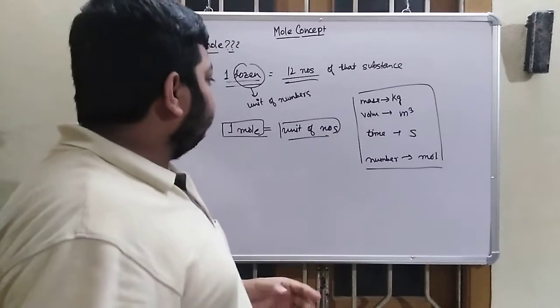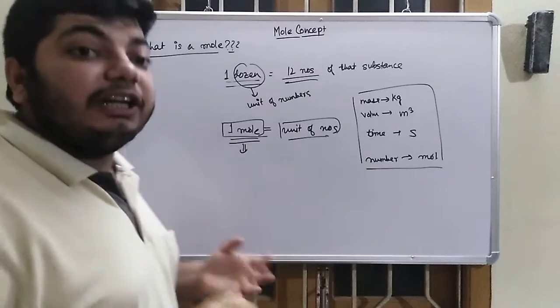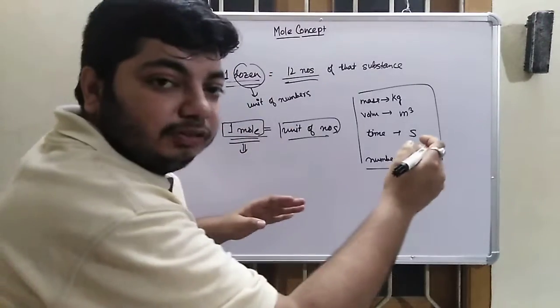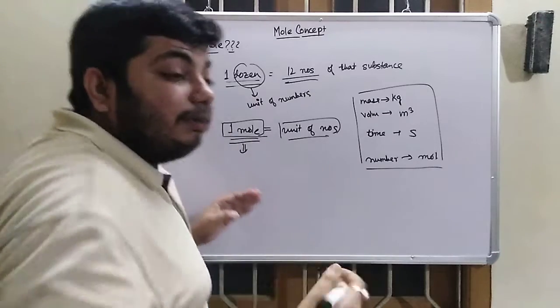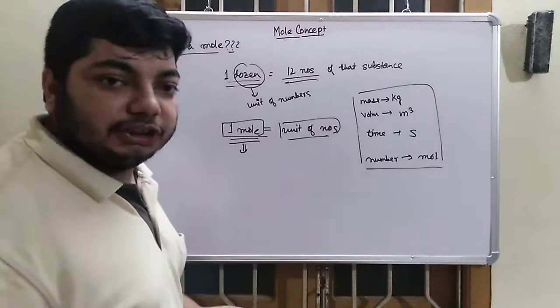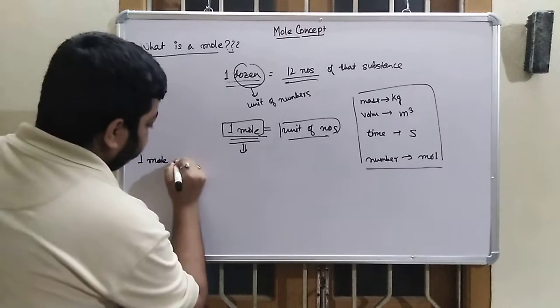Now the question that comes is, 1 mole represents how many numbers of a substance? Like 1 dozen represents 12 numbers of that substance, so 1 mole will represent how many numbers of that substance? So by definition, 1 mole can be defined as, let me write the definition.